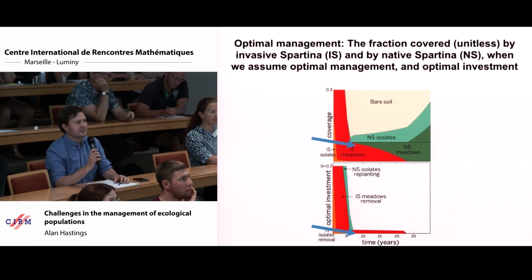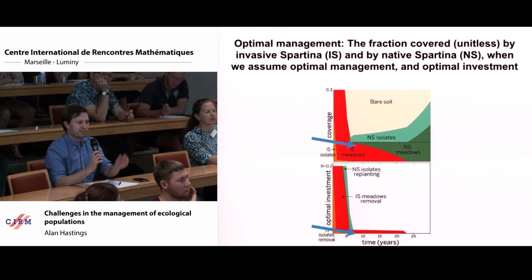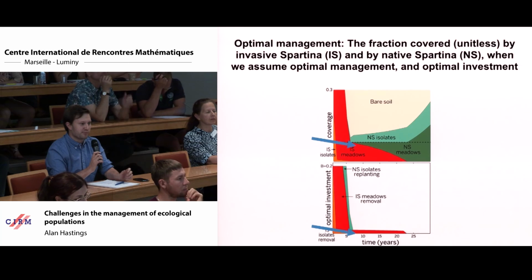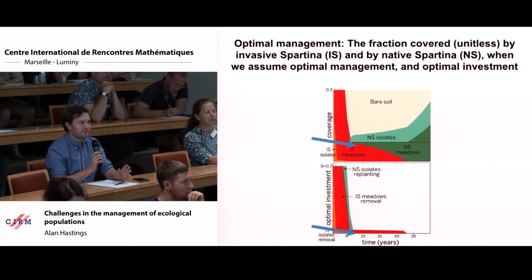One thing I noticed is that the gradient between switching between the two different actions, removing these meadows and replanting the isolates, is quite sharp. So I was wondering what the effects would be if you somehow mistimed this switch or misestimated the threshold. Would there be an excessive risk of overshooting?